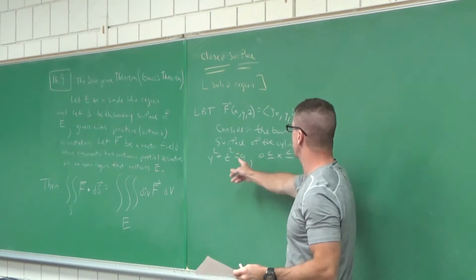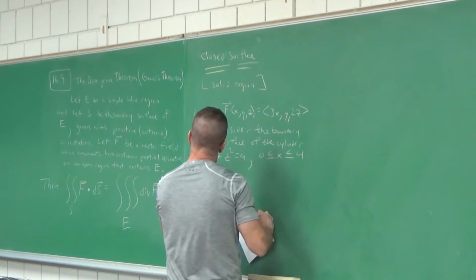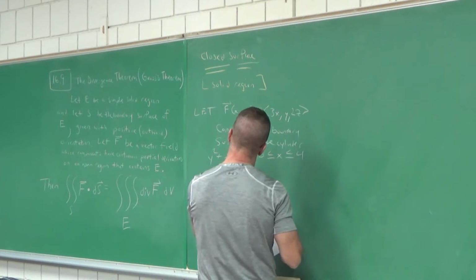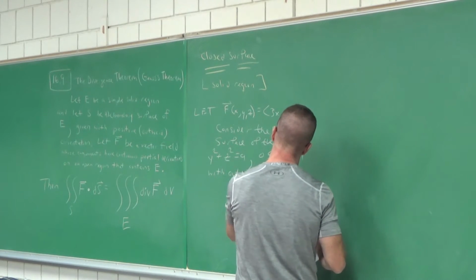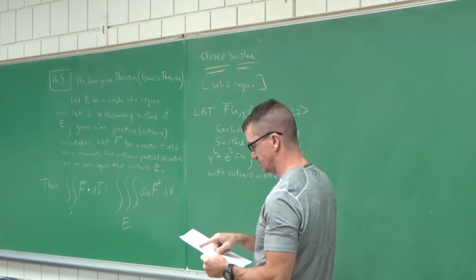Okay, that's the cylinder centered on the x-axis, right? With outward orientation. Outward orientation means positive orientation. All the normal vectors will be oriented outward along the surface.